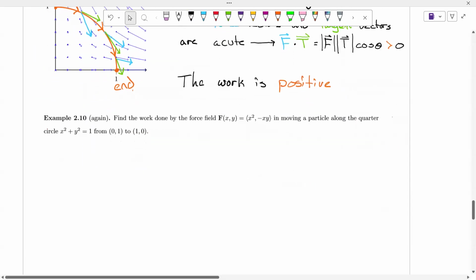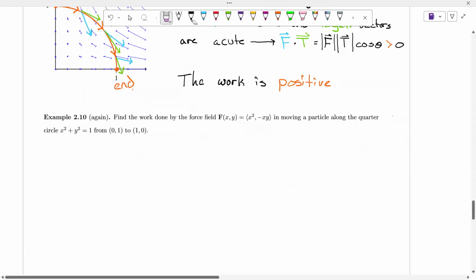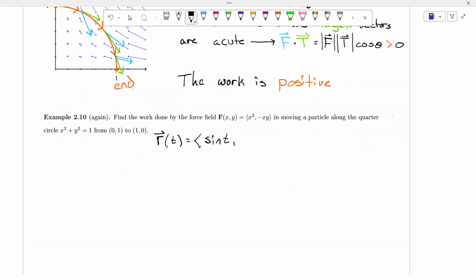So I want to do some new stuff, which is going to be to create a parameterization r of t, which is going to be sine t for x, cosine t for y. And that'll leave our more usual bounds for t of 0 to pi over 2.